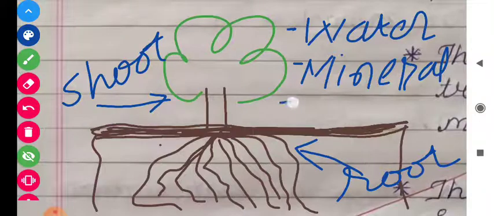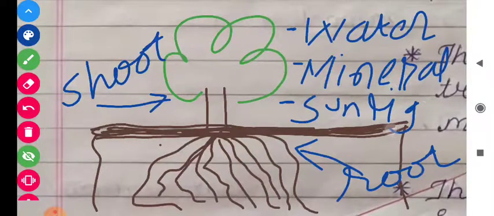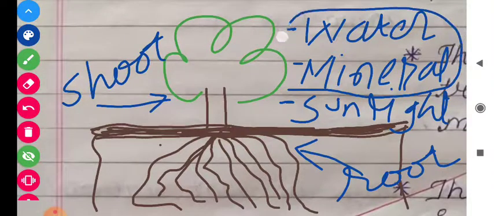Then what other source do we need to provide? Sunlight. Okay, so students, these two things, water and minerals, we are not giving these two substances directly to the plant.